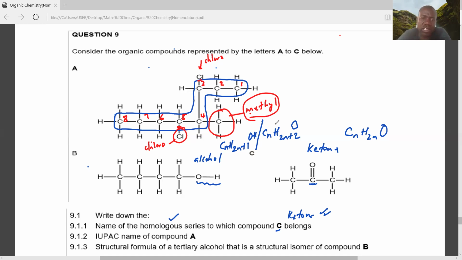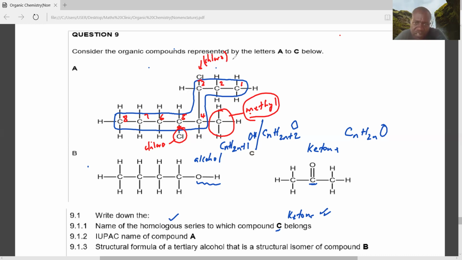So we number from left to right, because if we move from the other side, we'll get our chlorine at carbon number 4.